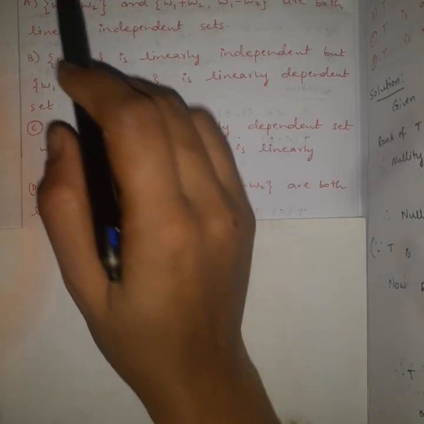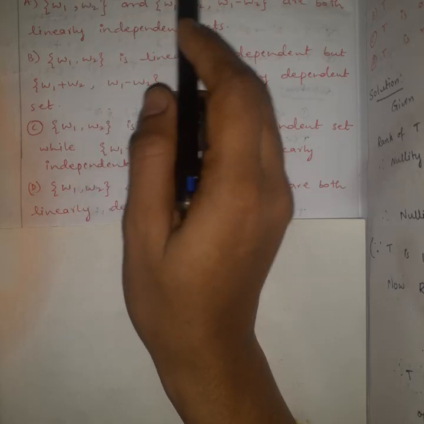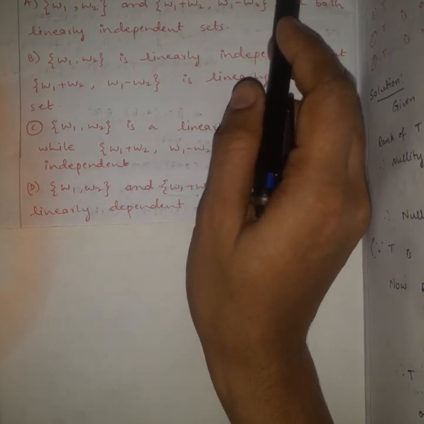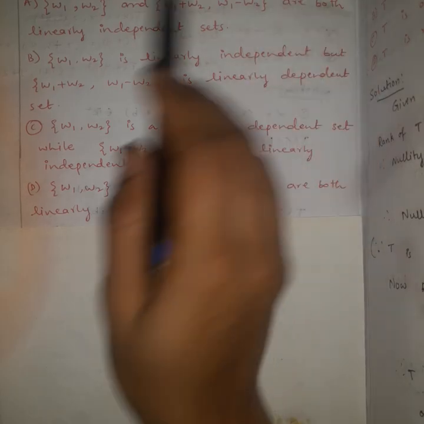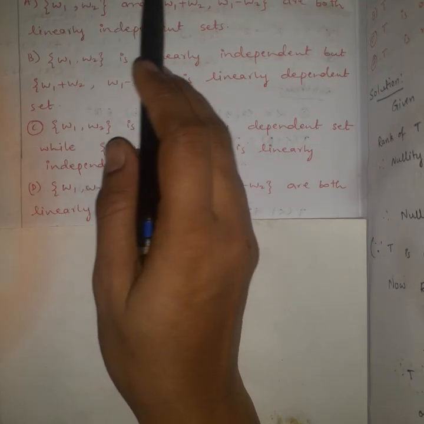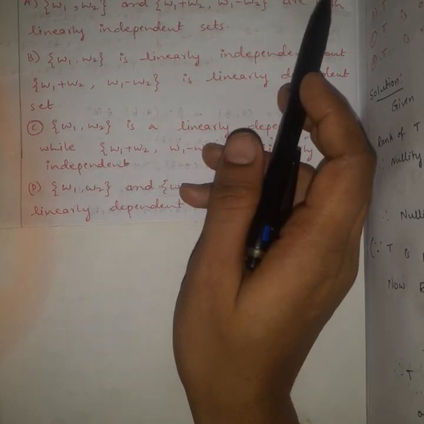Next question. Let W1 and W2 be subspaces of a vector space V such that W1 intersection W2 equals the singleton set 0. Let w1 belonging to W1 and w2 belonging to W2 be non-zero vectors. Which of the following is true?